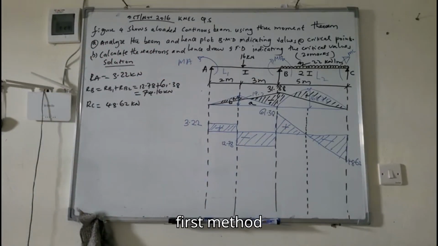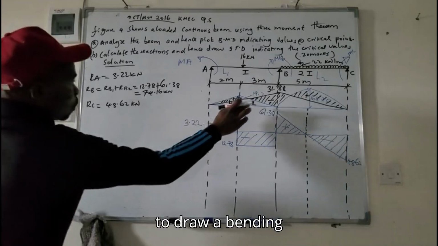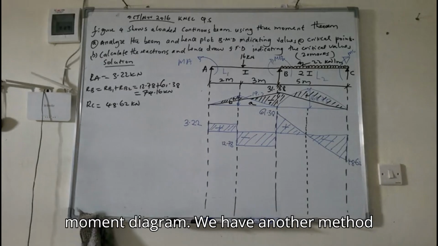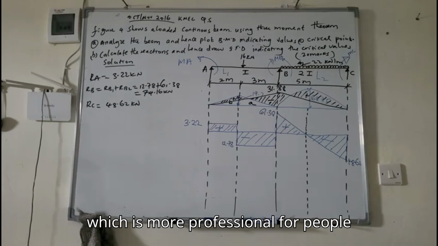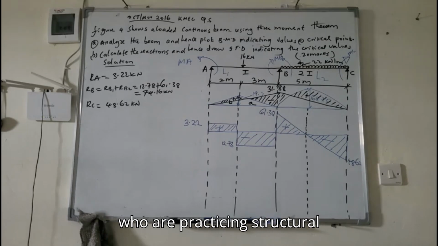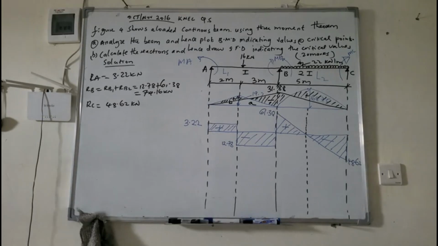So that is the first method to draw a bending moment diagram. We have another method, which is more professional, for people who are practicing structural engineering. The second method is this one.